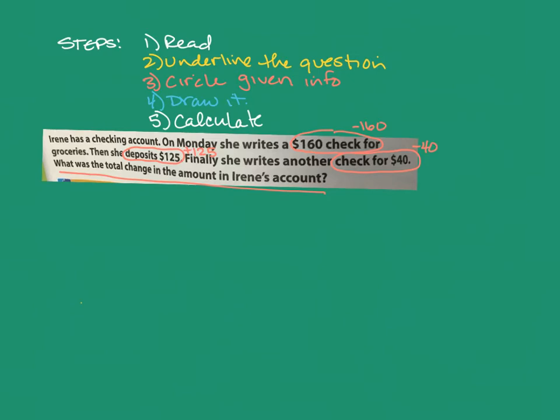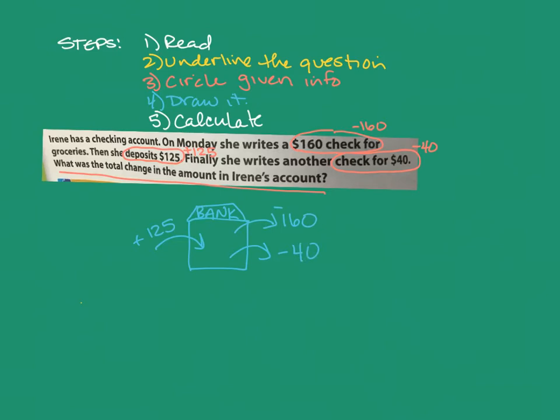Draw the picture. Step 4, draw the picture. Let your brain figure this out. So I have this bank, and she sends $160 out by writing a check, but then she puts $125 into her bank account, and then she sends out another $40.